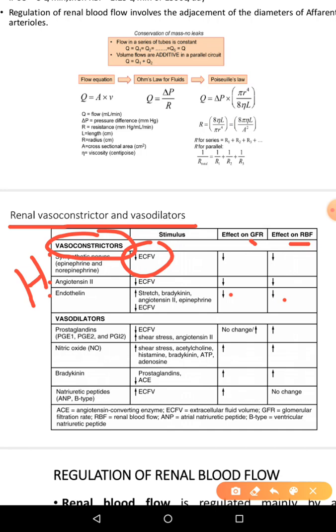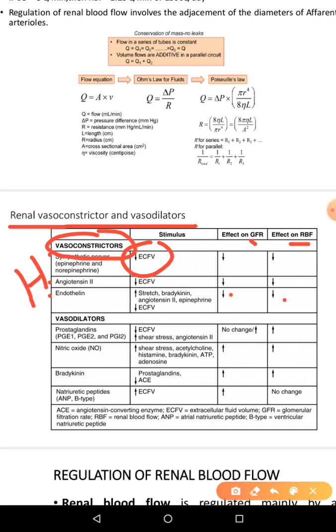We expect vasoconstrictor substances to be secreted. Okay. Apart from hemorrhage, where there is a reduction in the extracellular fluid volume, for example, diarrhea, excessive vomiting, we expect these vasoconstrictors to be secreted.